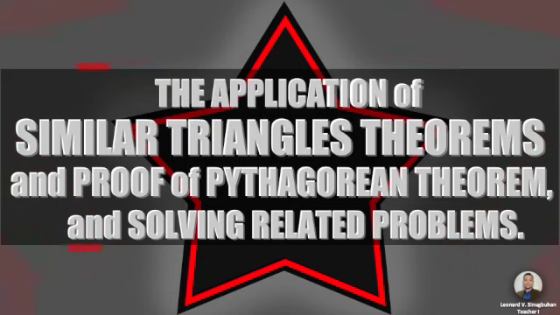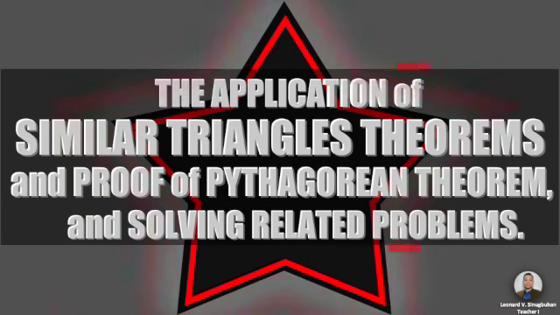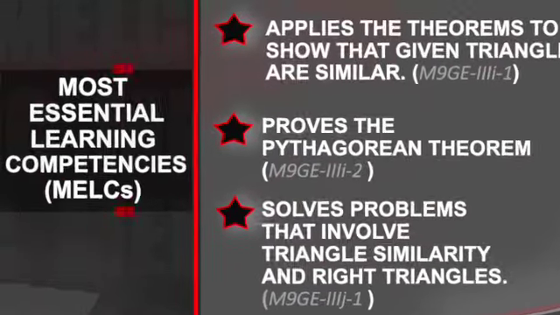So, our topic for today is the application of similar triangles theorems and the proof of the Pythagorean theorem and solving related problems. Of course, let's talk first about the most essential learning competencies.